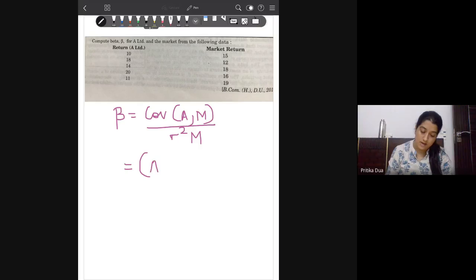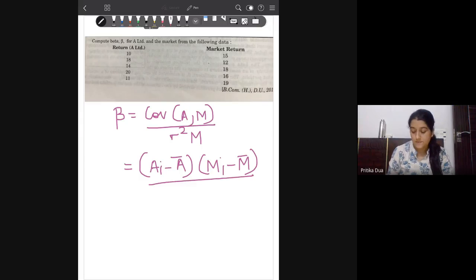So again, covariance between A and M will be the sum of (Ai minus A bar) times (Mi minus M bar), divided by n, and then variance of the market. So please start solving. First calculate A bar. What will your A bar be?